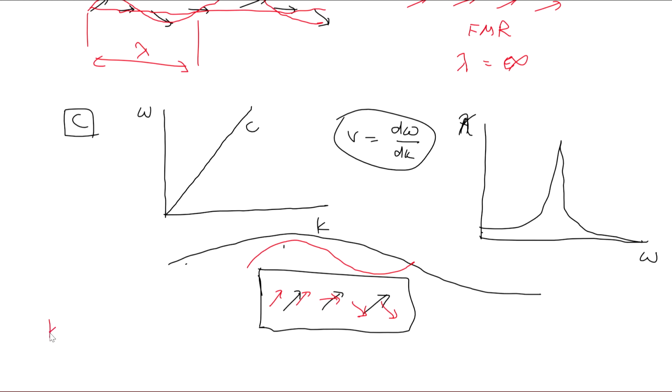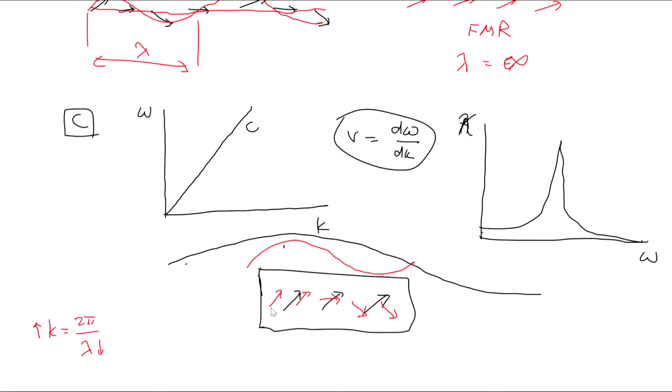As you remember, k is 2 pi over lambda, so if you decrease the wavelength, that increases the k vector. And second, it depends on the material, but in bulk materials, usually an increase of k vector means an increase of the frequency. The straight line is just for the light, but we'll get there.